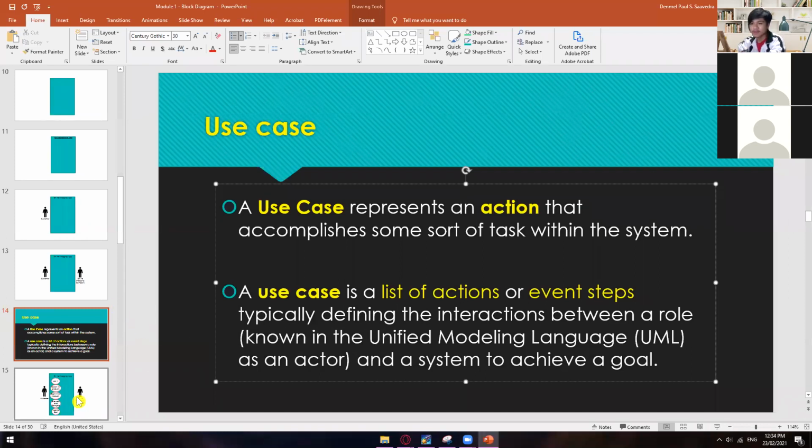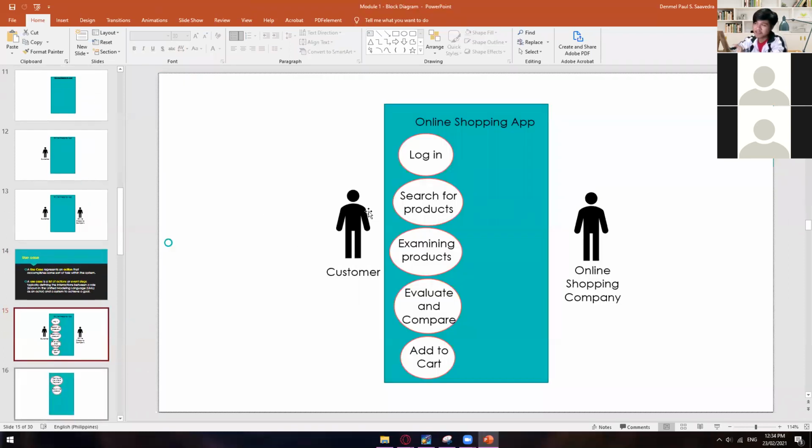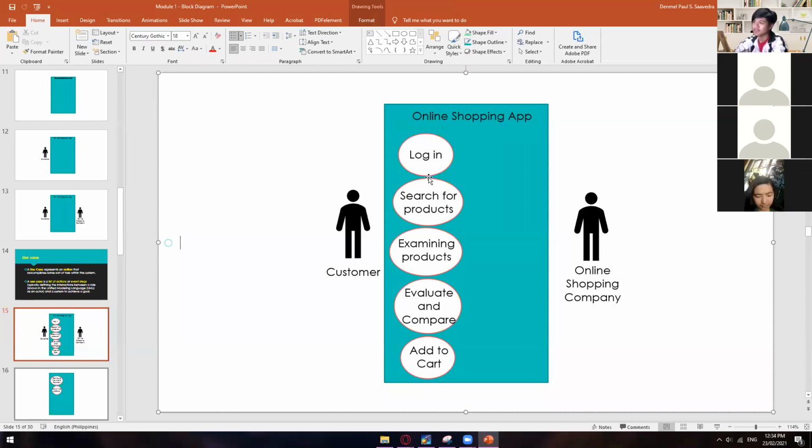Okay, so let's just say that these are now the specific or basic functions that we can have in an online shopping app. So we have here the login. Of course, you have to log in first, and you need to have an account. And then after having an account, you can search for products. And then once you have looked into a specific product, that's the time that you can examine the product.